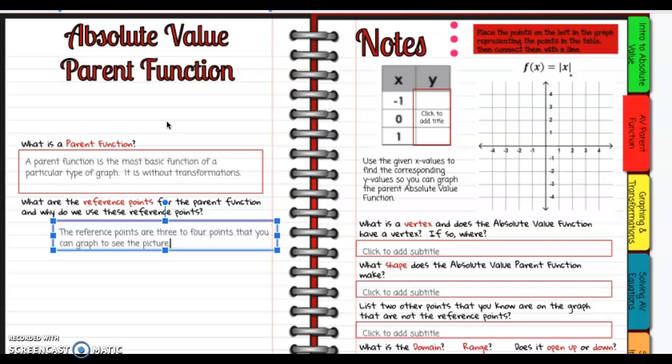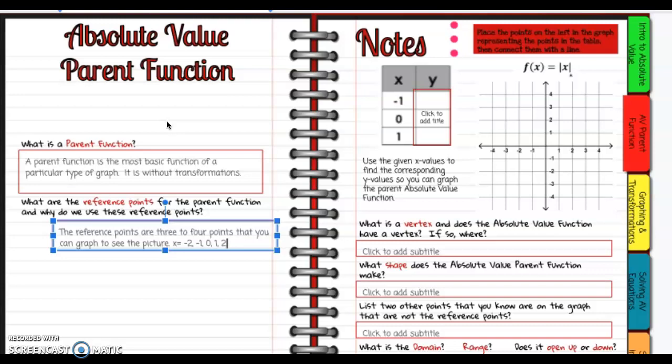Now, normally we'll start and use the x values. X equals, let's say, -2, -1, 0, 1, and 2. Sometimes we'll use the -2 and 2. Sometimes we just use -1, 0, and 1 to determine what those reference points are.